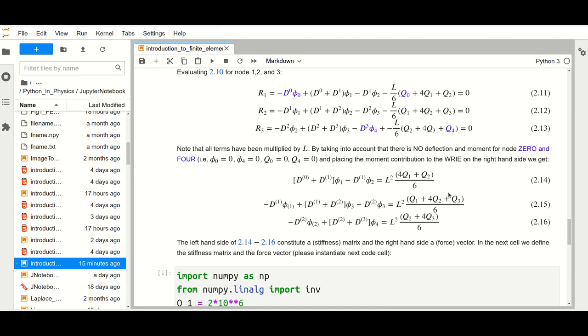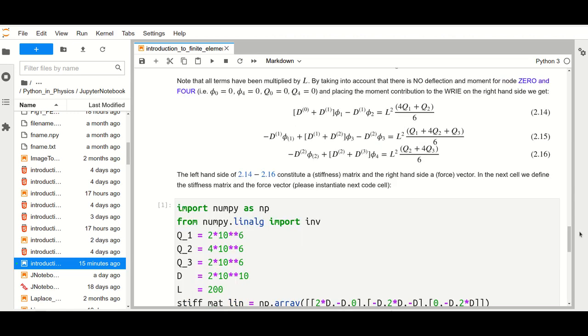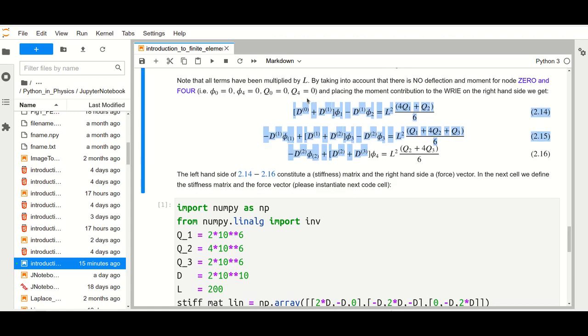And with these equations we can directly implement those into the definition of NumPy matrices. The left side here defines a matrix, which is the stiffness matrix, and the right side defines the force vector.